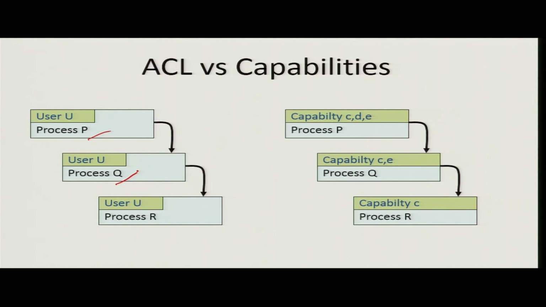In that case, it can be changed, and same thing if it spawns another process R, then it will also run with user U's privilege. So, it is inherited like that, whereas in the capability based model, when you create a new process, you do not have to pass all the capabilities to the other process. That gives you much more fine grained control than what you can get in the access control list based paradigm.